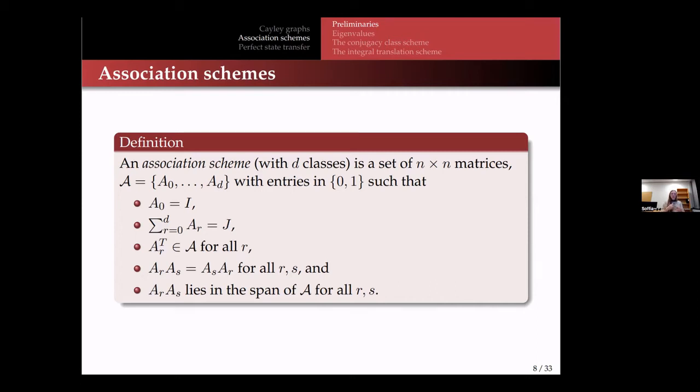The set script A is closed under taking transpose. All the matrices in the set commute with each other.